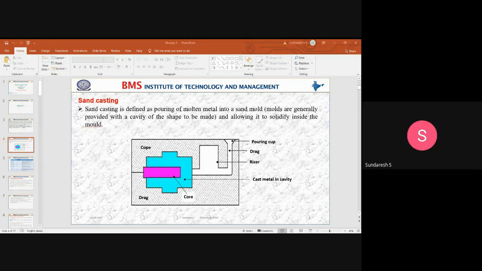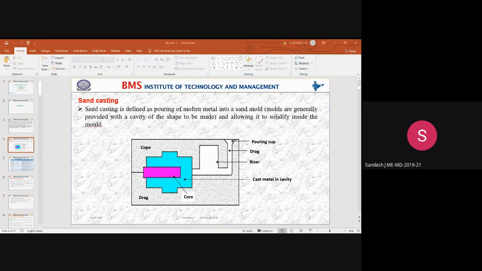Sandesh? Yes, sir. Sand casting, it's cheaper also compared to press molding. Okay. My question is, if someone comes and asks, can you explain what is sand casting, how do you go about it?